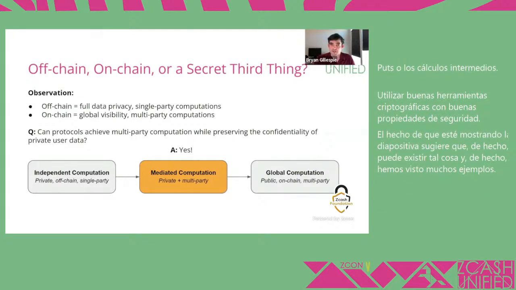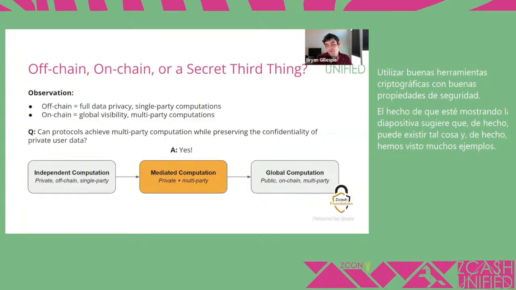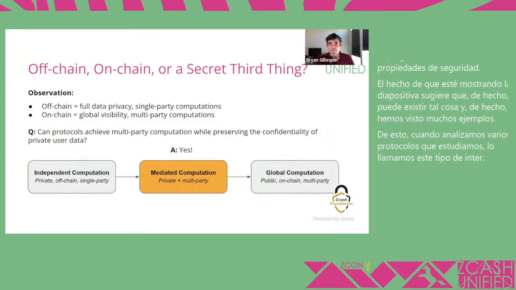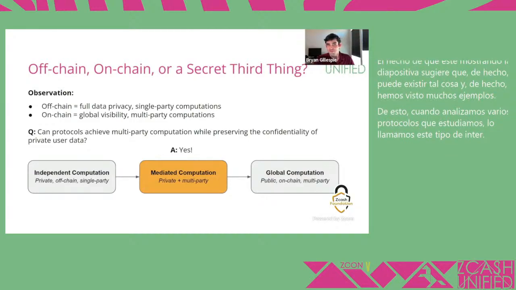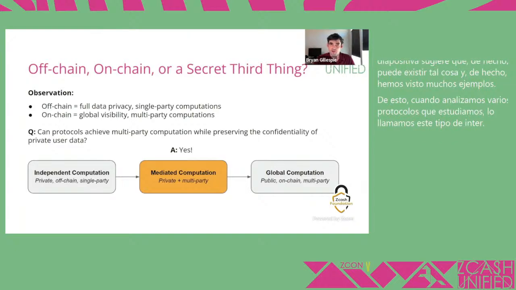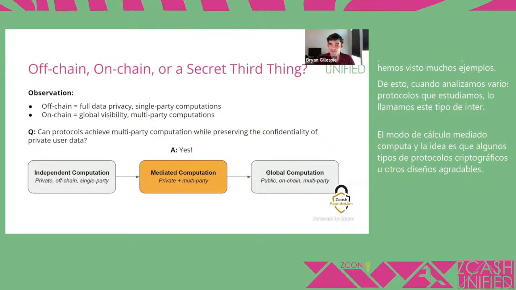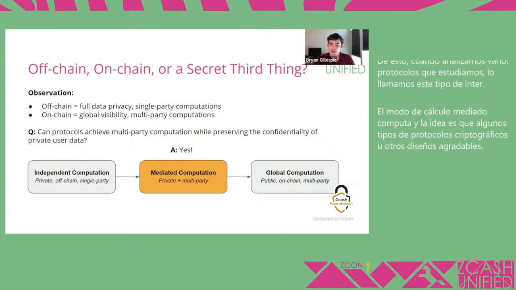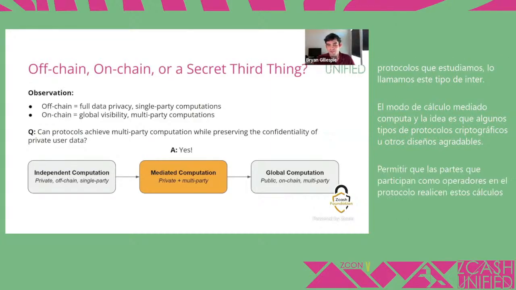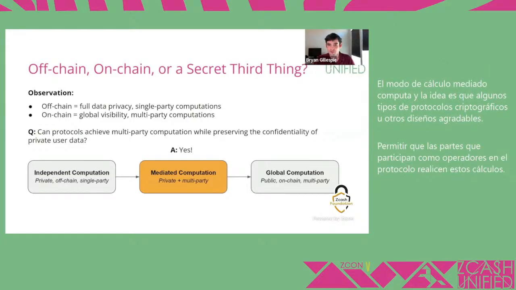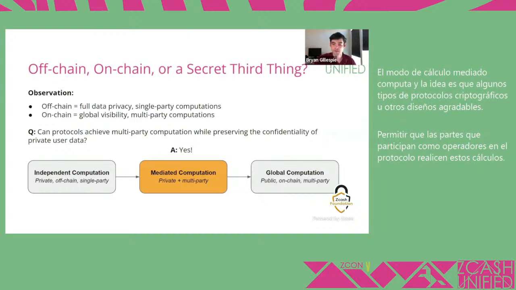We're calling this intermediate mode of computation mediated computation. The idea is that some types of cryptographic protocols or other nice designs allow parties that are involved as operators in the protocol to conduct these computations over private inputs, while providing fairly reasonable assurances that the privacy of the inputs is maintained even from the computational nodes.